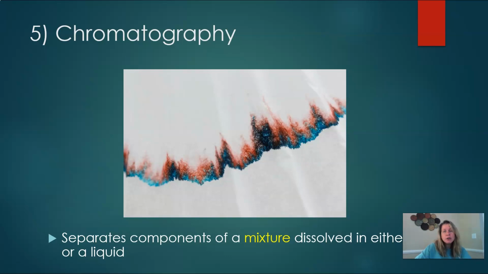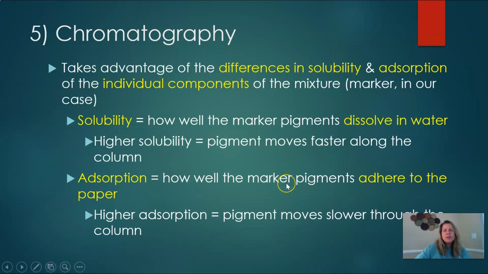So the mixture would be the marker, and you draw the marker on the piece of paper, and then you set the paper in water, and as the water rises up the paper, it's going to separate out those pigments that are in the marker. This takes advantage of the fact that different pigments in that marker have different rates of solubility. Some pigments are more soluble in water than others, and some pigments want to adsorb or stick to the paper easier than others.